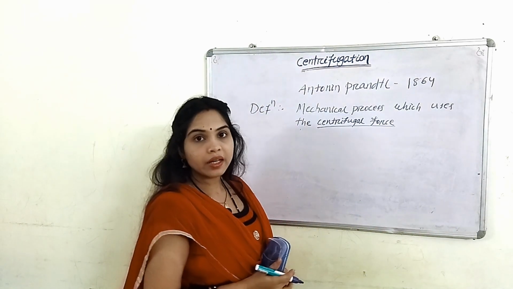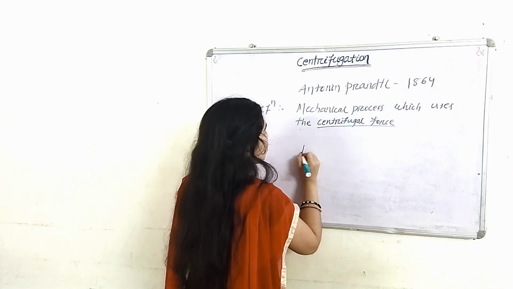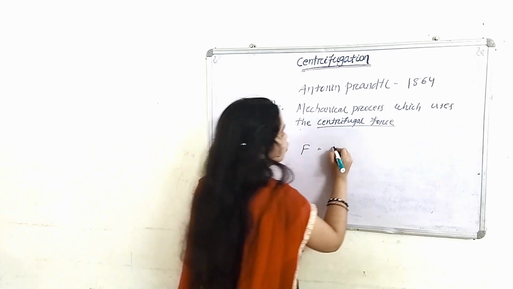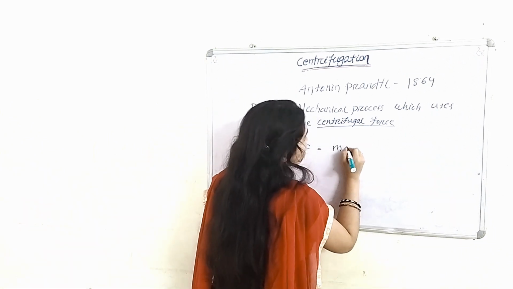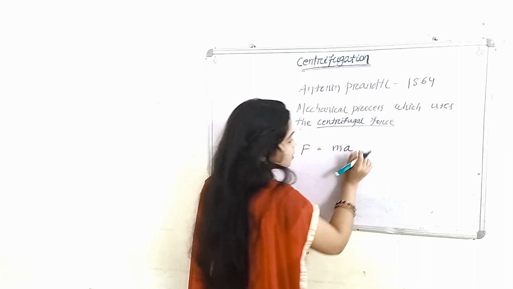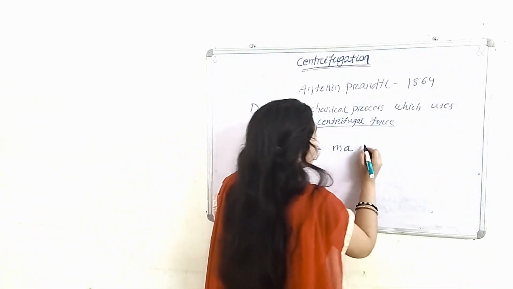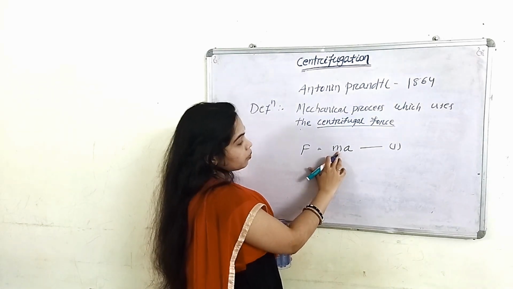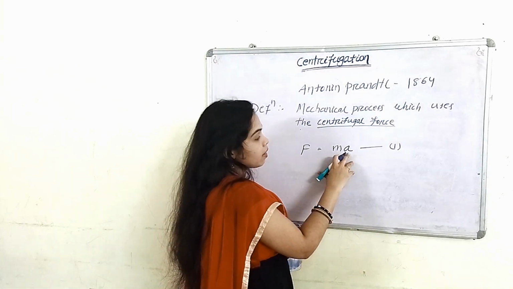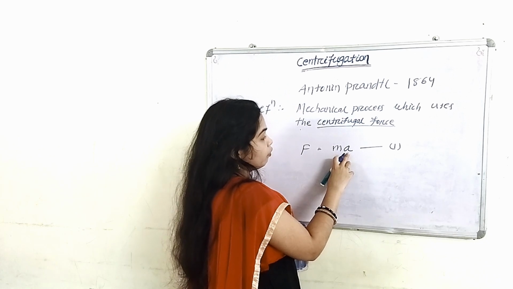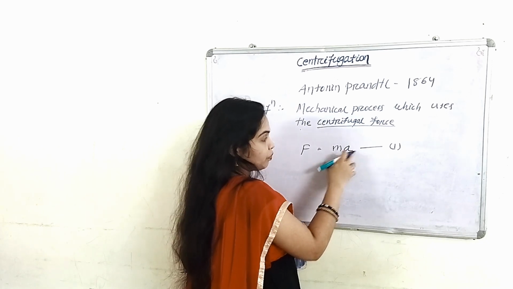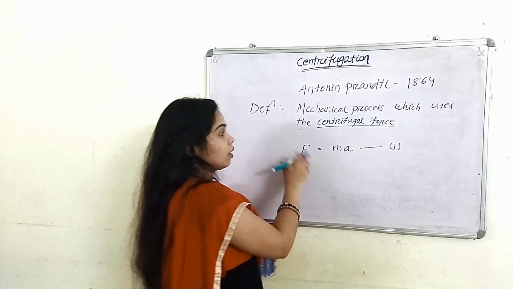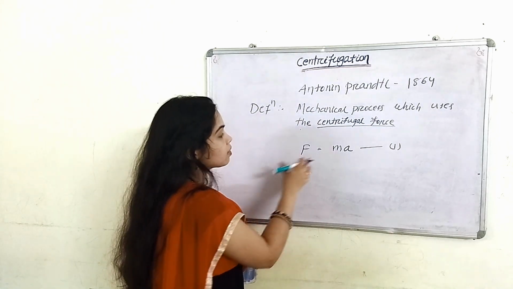According to Newton's second law, force is equal to the product of mass and acceleration: F = m × a. So, this is the mass of the object and this is the acceleration.